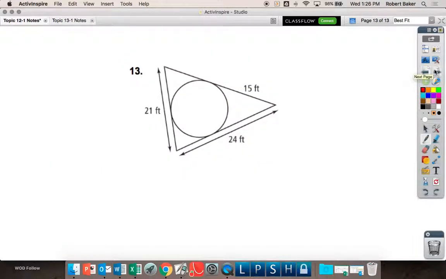Last one. Find the perimeter of the triangle. Oh, 24 minus 15, right? Okay. So realize that this whole length is 24. This length is 15. You have to do 24 minus 15. So this one's how long?